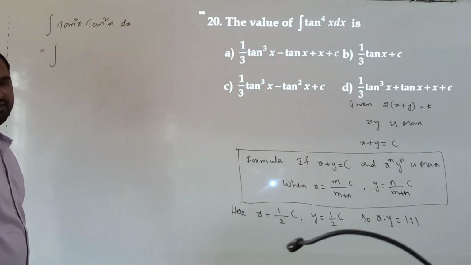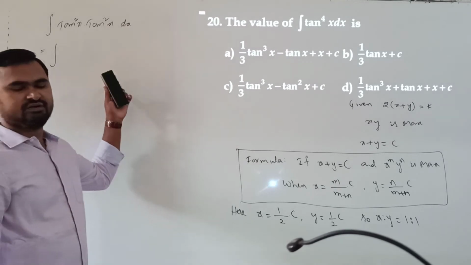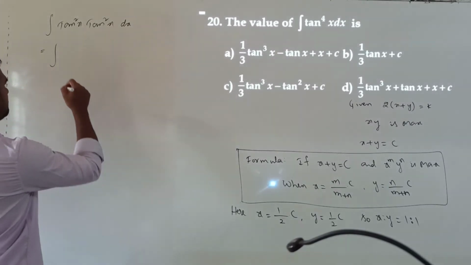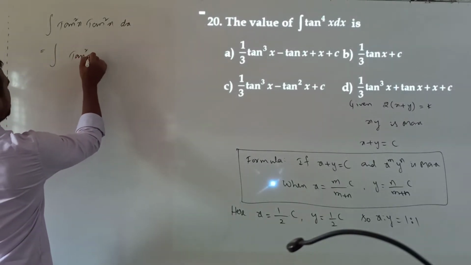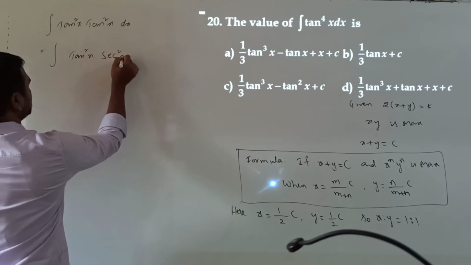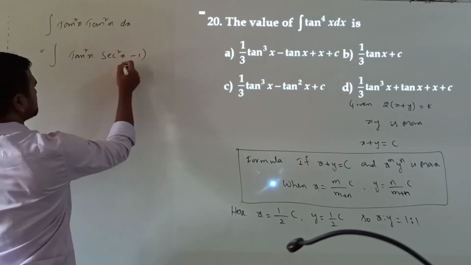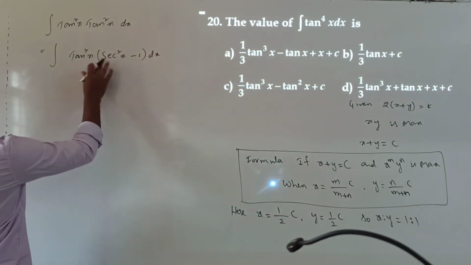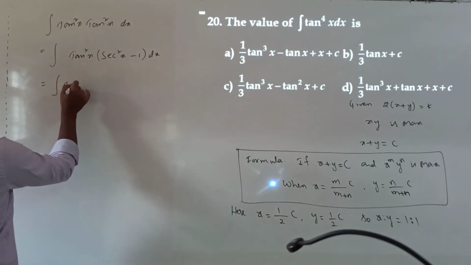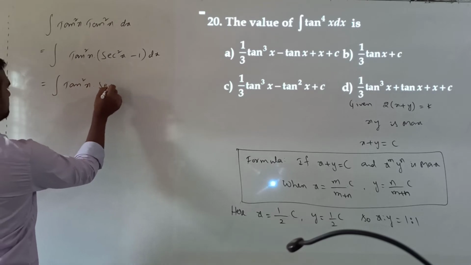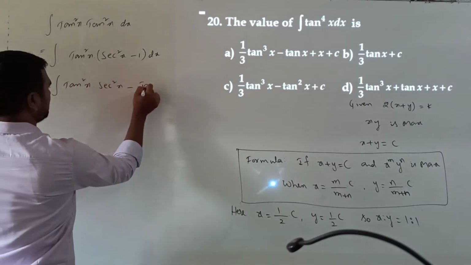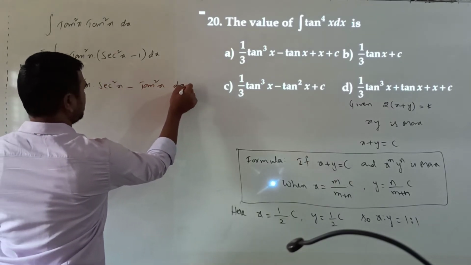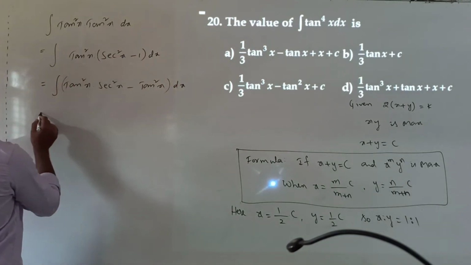Now one tan square I write in terms of secant square, because the derivative of tan is secant square. So it is tan square x into (secant square x minus 1) dx. Multiply. So integral tan square x into (secant square x minus tan square x) dx.